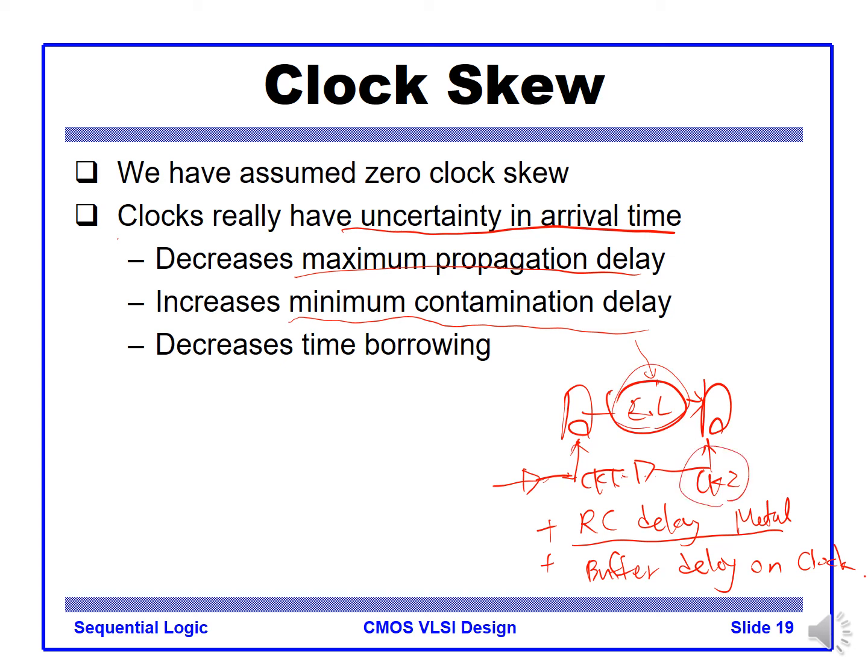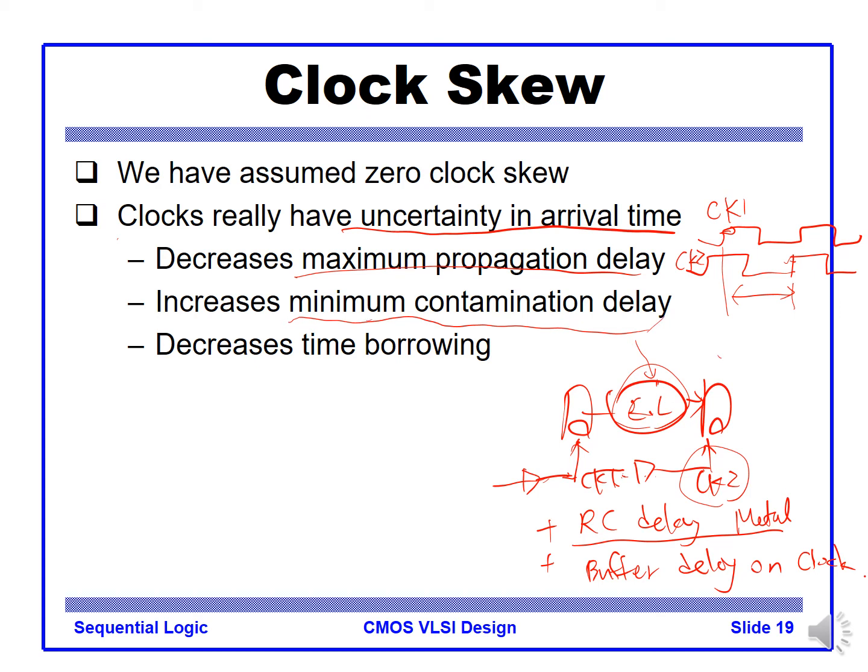If the clock arrives faster, so CK1 is like this, and CK2 arrives faster, right? For example, CK2. Then the operation for the combinational logic is limited to this reduced clock phase, right? That actually reduces the maximum propagation delay.